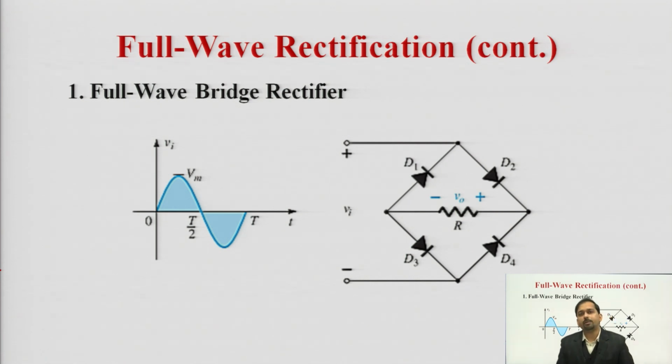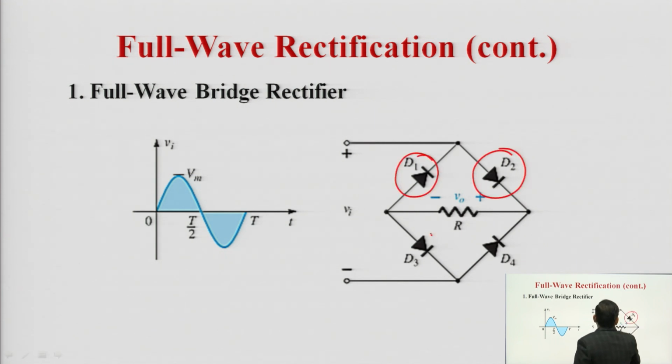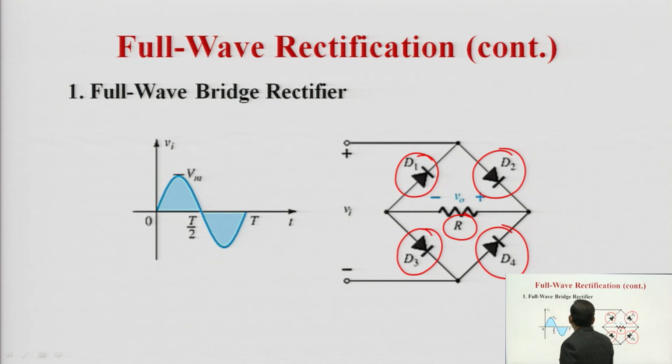The full wave bridge rectifier circuit consists of 4 diodes placed in this particular manner, and in between we have a load resistance R, and we are applying an input Vi at these nodes. Vi is a sinusoidal waveform having a peak value of Vm and a time period of, let us say, T.